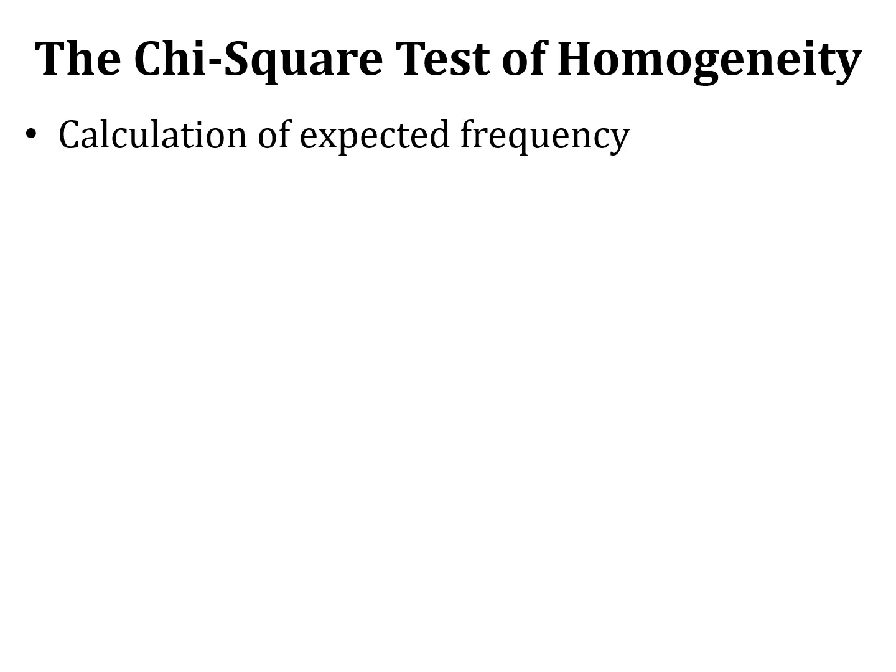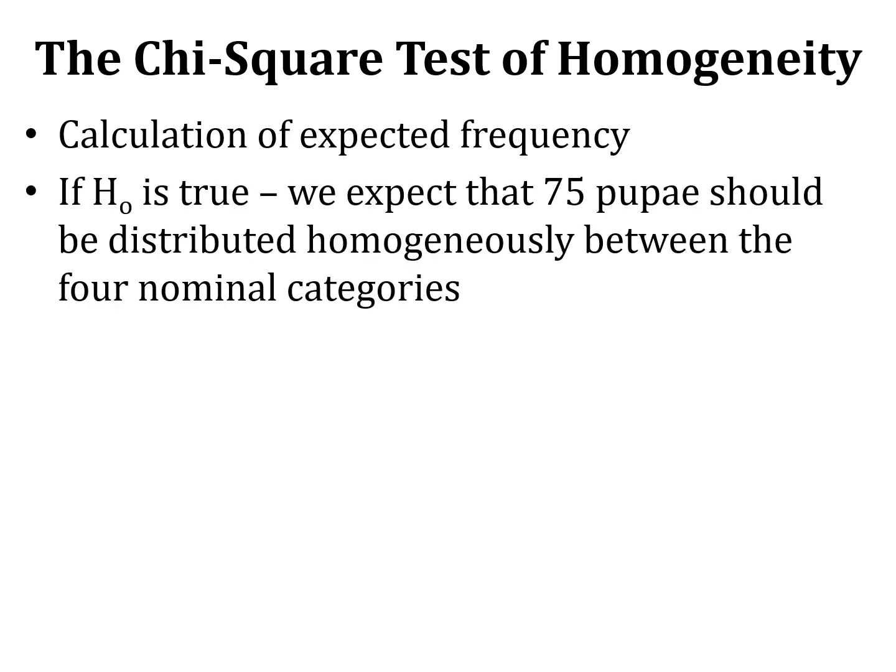What is the next step after we have stated our null and alternate hypotheses? The next step is calculation of expected frequency on the basis of the null hypothesis. Our null hypothesis was that the frequency distribution in all of these classes is homogeneous. So if it is true, we expect that 75 pupae should be distributed homogeneously between the 4 nominal categories.